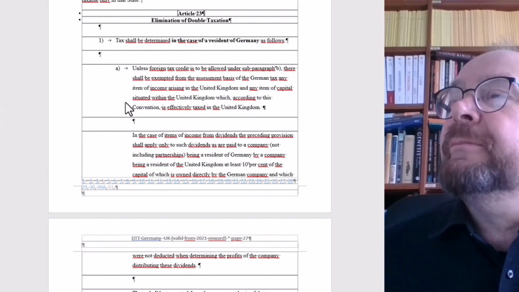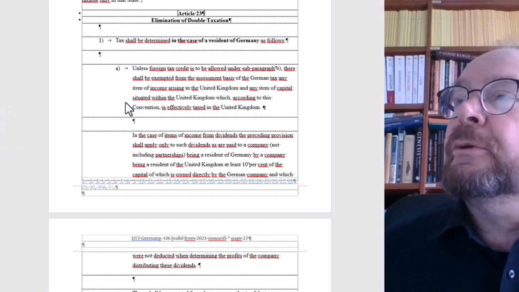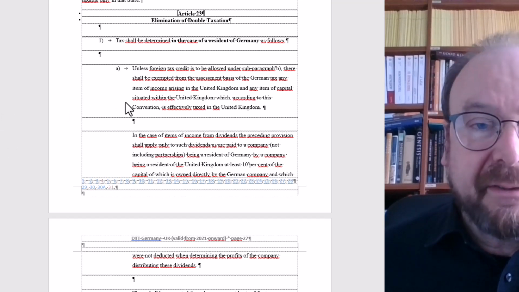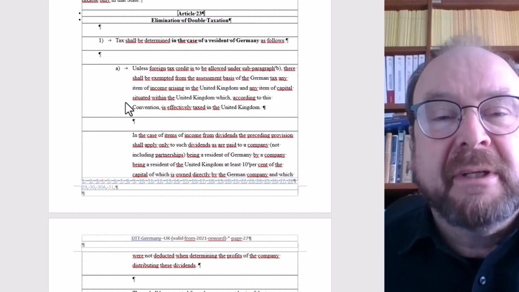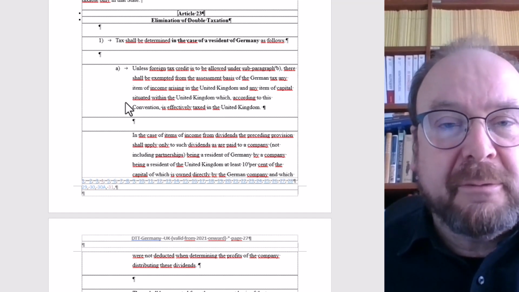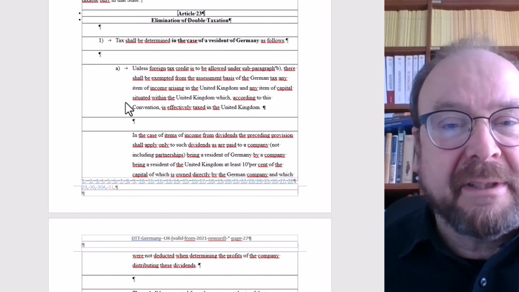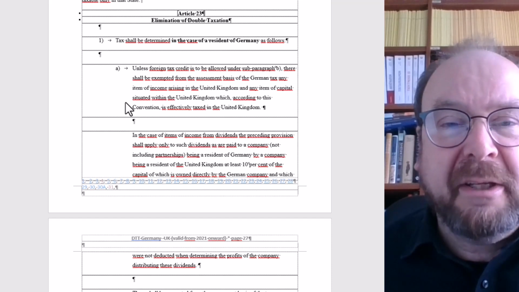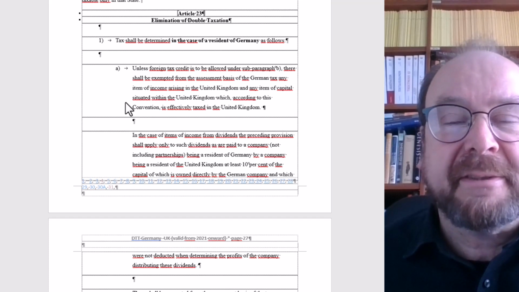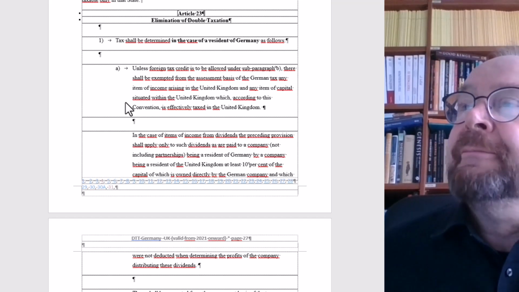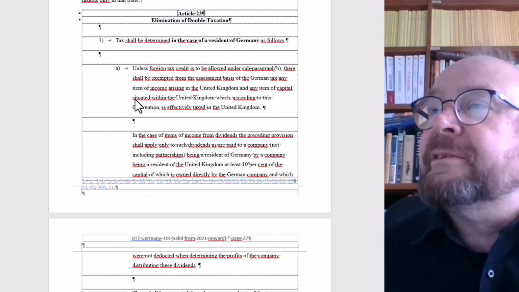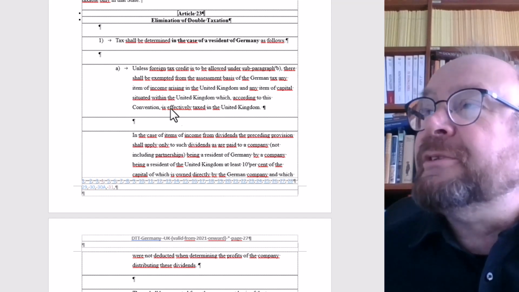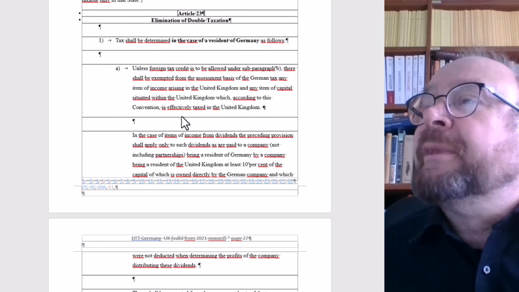Article 23, and you know that in concrete DTTs there is no A and B variant, but you have one paragraph for the residents of, let's say, Germany, and the second paragraph which states what the UK is going to do for its residents to avoid the double taxation. Here you find the residents of Germany treated in the first paragraph of the treaty.